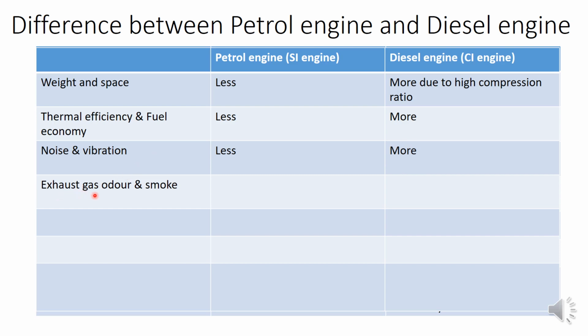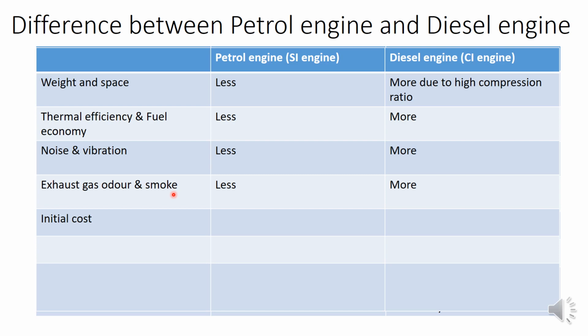And similarly the exhaust gas odor and smoke coming from a diesel engine will be more, mainly because diesel is a heavier fuel and it will produce more carbon particles, and also nitrous oxide etc. will be more for diesel due to its high temperature. So it will be more for diesel.